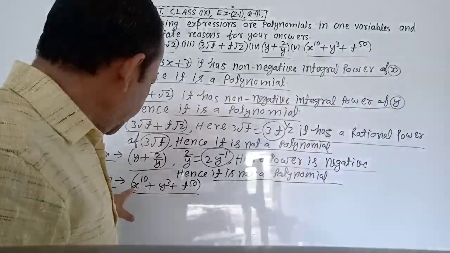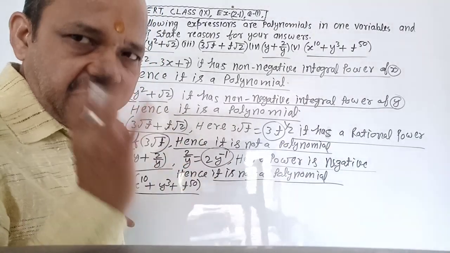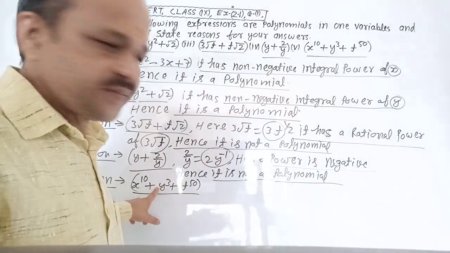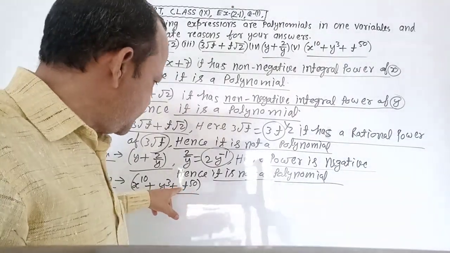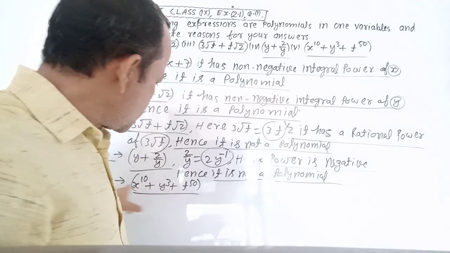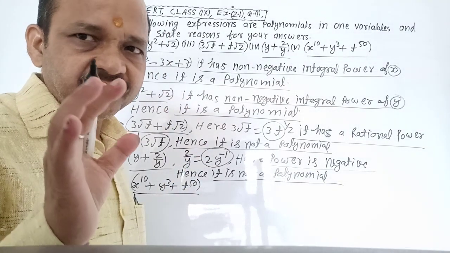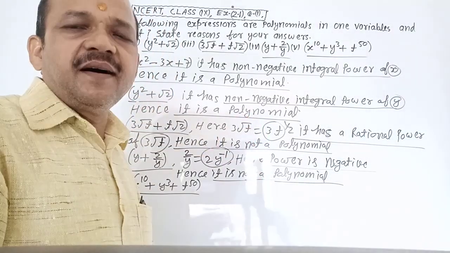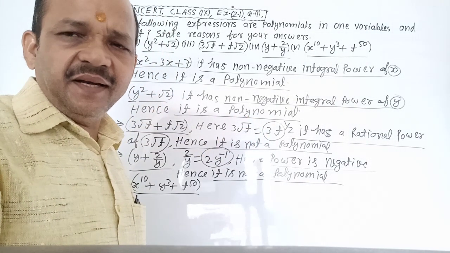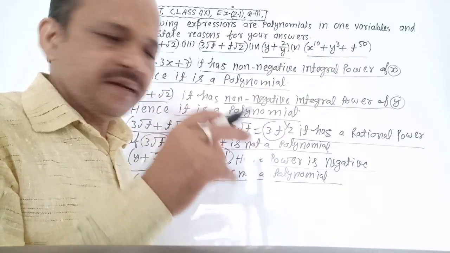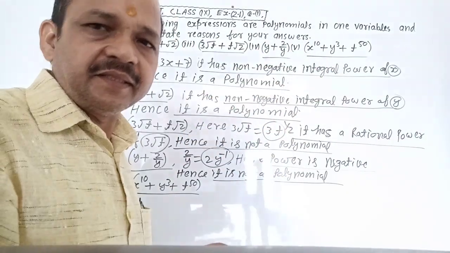It is clear? Here coefficient is 1, here coefficient is 1, here coefficient is 1. Because number in front of x is 1. Clear? Number in front of y is 1. Number in front of t is 1. Hence coefficient is 1. Clear? It is a polynomial of 3 variables x, y and t. Clear?